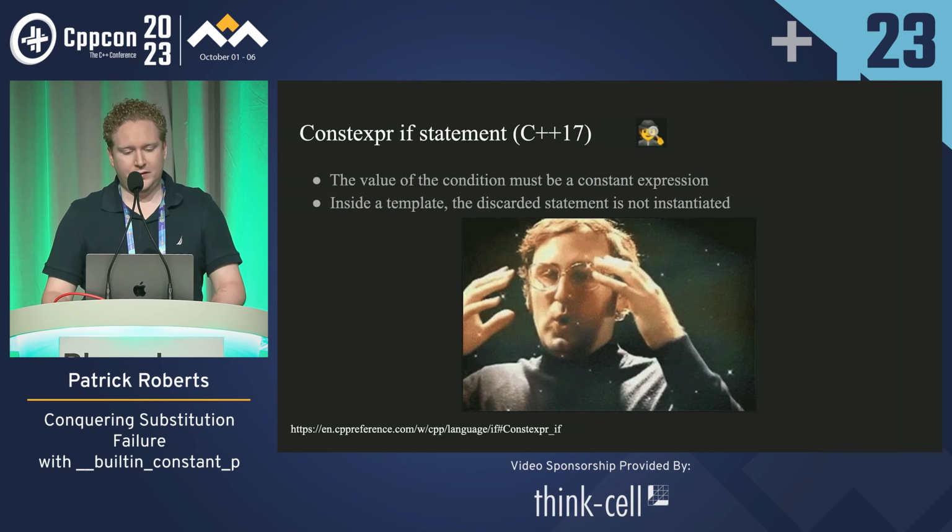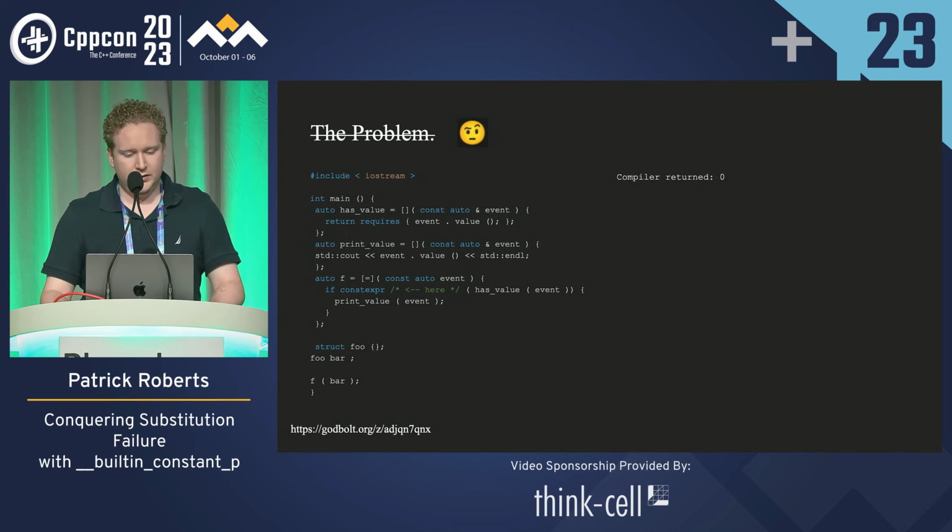What this means for us is that we can change our check to be an if constexpr statement, and now the program compiles. To make sure that it works properly, we can pass in an event that has a value, and we can see that the program properly prints out the value.